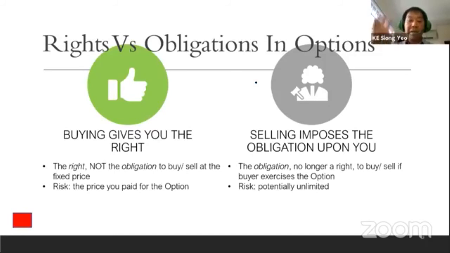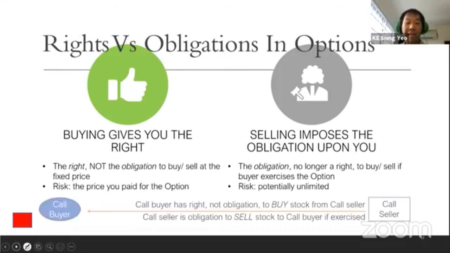If the company goes bankrupt and the stock price drops to zero, as a seller I'm still obliged to buy the Coca-Cola stock at $32 based on the contractual agreement that I entered into with the put buyer. So that is what I mean by risk as potentially unlimited, or maximum loss. I can actually be facing maximum loss in terms of the stock going down to practically worthless.